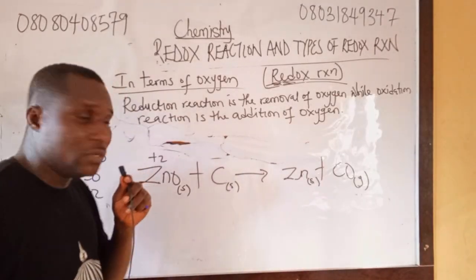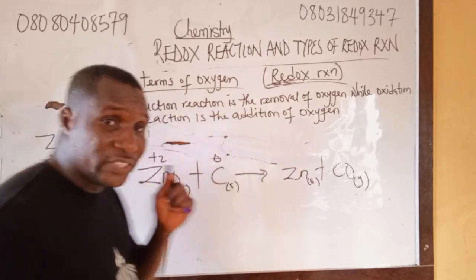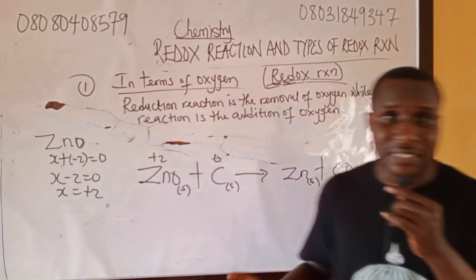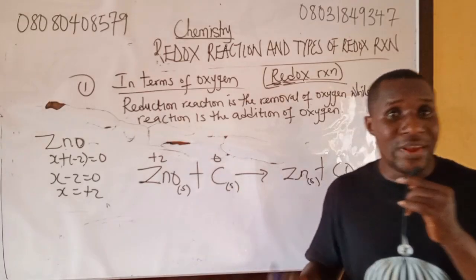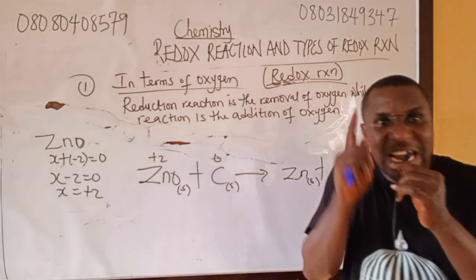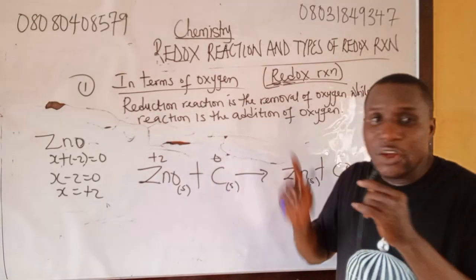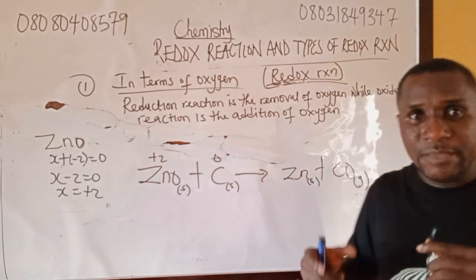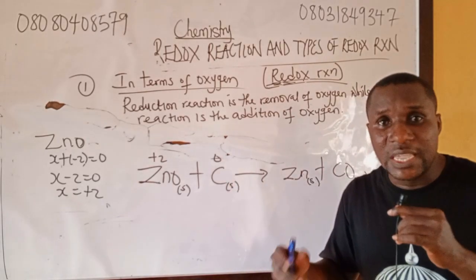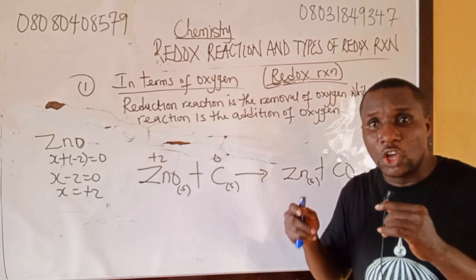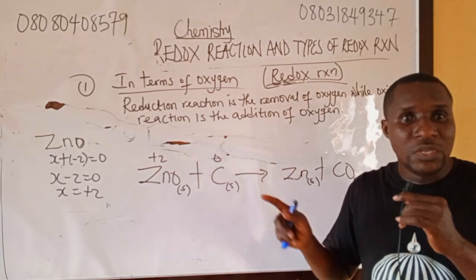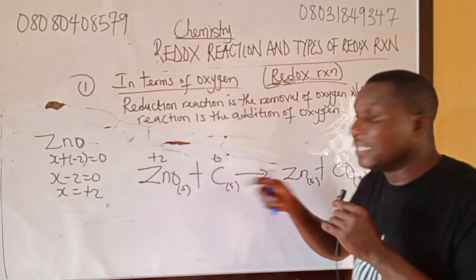The oxidation number of carbon is 0 because it is a neutral atom. Whenever you see an element standing alone in a chemical reaction, the oxidation number is 0. Carbon is standing alone, therefore its oxidation number is 0.